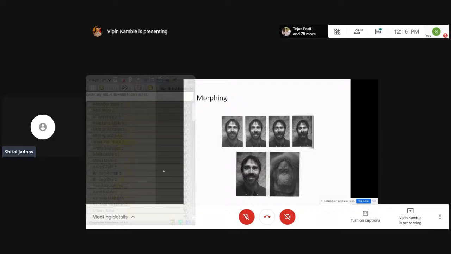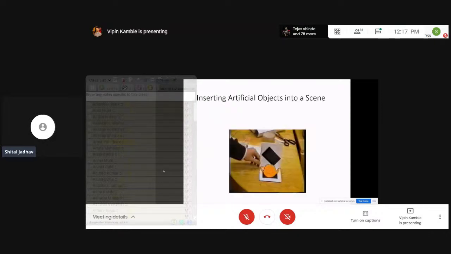It was very difficult to know whether the video is real or not because of morphing. Also, you can insert artificial objects into a scene. This is nowadays going on in AR, VR, augmented reality or virtual reality.